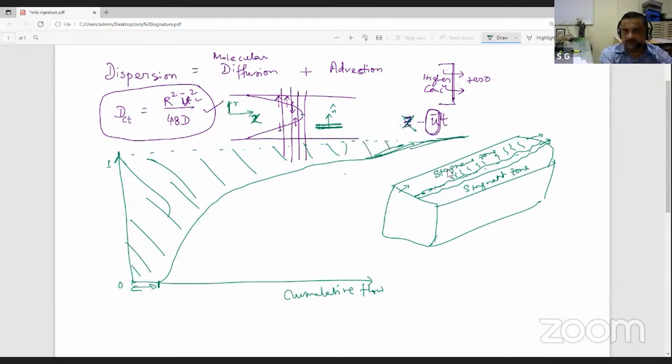If we look at this area under the curve, that will give me the volume of this entire porous medium, because it is diffusing, right? As it is diffusing, the concentration within the pores is increasing from 0 to maybe 0.01, 0.02, 0.03, like this, as time progresses. And at one point you will find at the outlet it has reached 1.